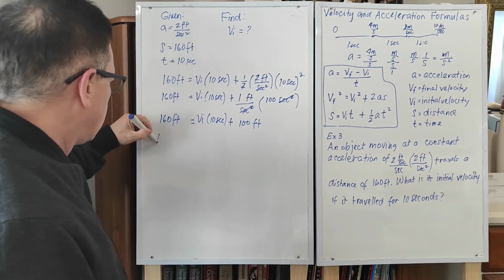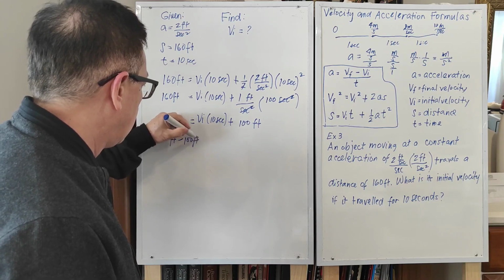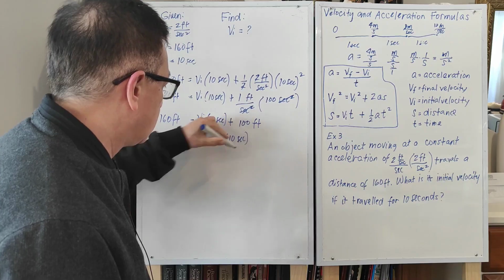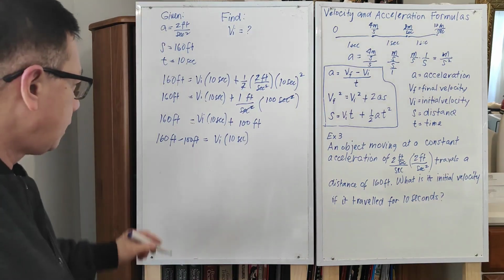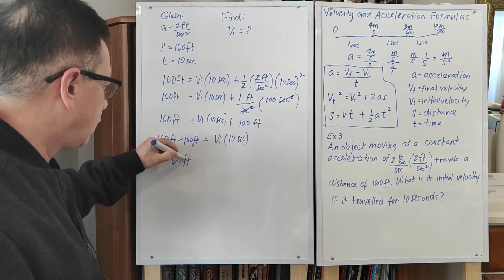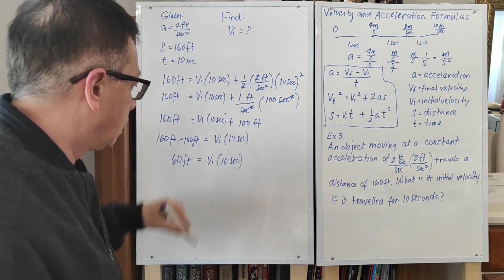So this is 160 feet minus 100 feet is equal to VI times 10 seconds. So 160 minus 100 becomes 60 feet is equal to VI times 10 seconds.